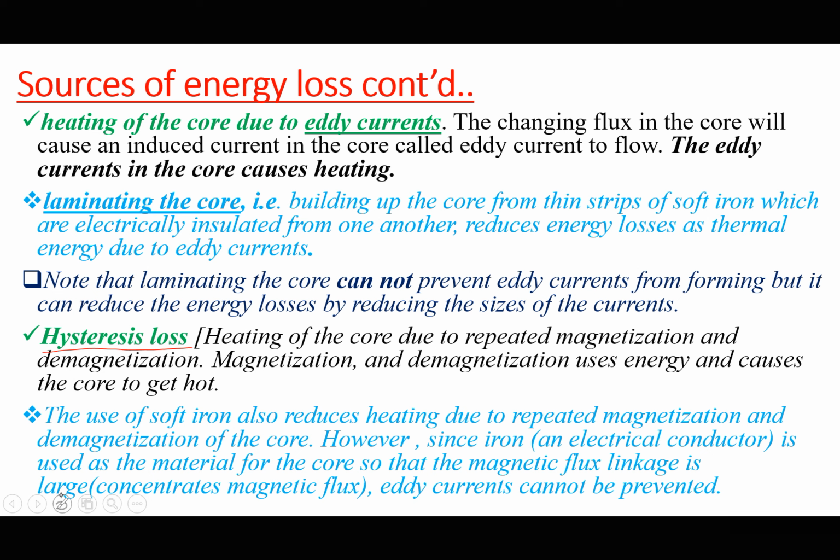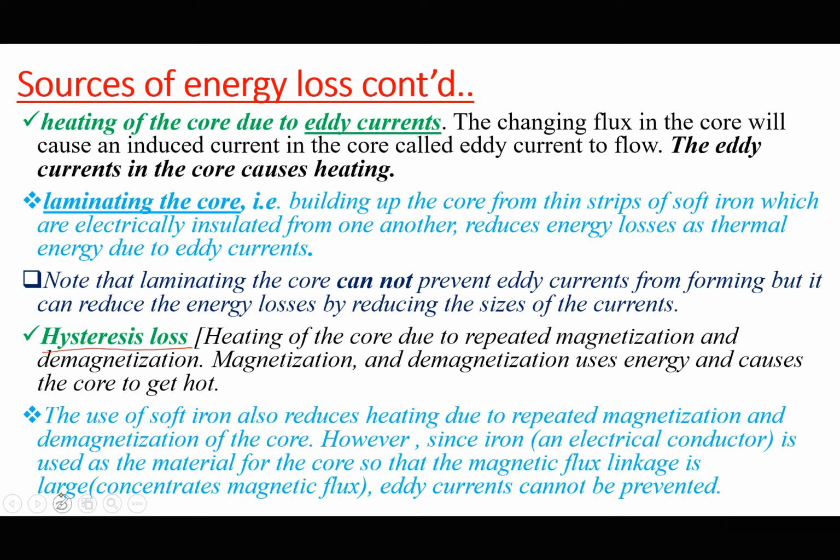We also cannot avoid using iron because we need continuous magnetization and demagnetization. So it means the heat loss due to hysteresis may not really be avoided at all. By using soft iron, which can easily gain magnetism and very rapidly lose magnetism, we minimize hysteresis loss, but not to a large extent.